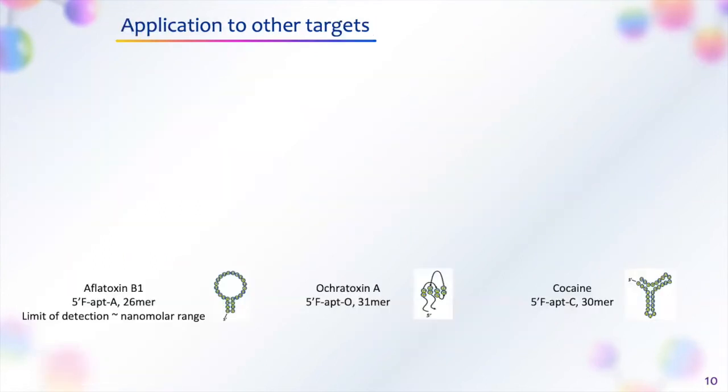After that, we wanted to apply our method to other small molecules and other types of aptamers, like a hairpin with the aflatoxin B1 aptamer, a G-quadruplex with the ochratoxin A aptamer, and a three-way junction with the cocaine aptamer. So we made the same experiments as for the L-tyrosinamide model.